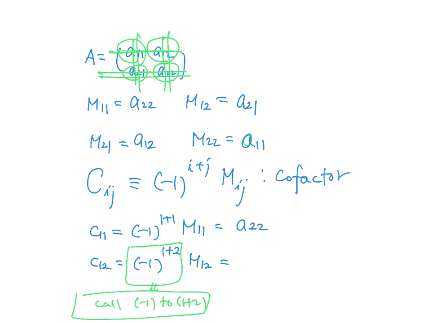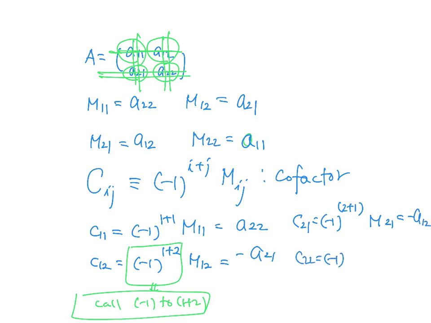It's minus 1. So minus A21. C21 is minus 1 to the 2 plus 1, M21, which is minus A12, right?